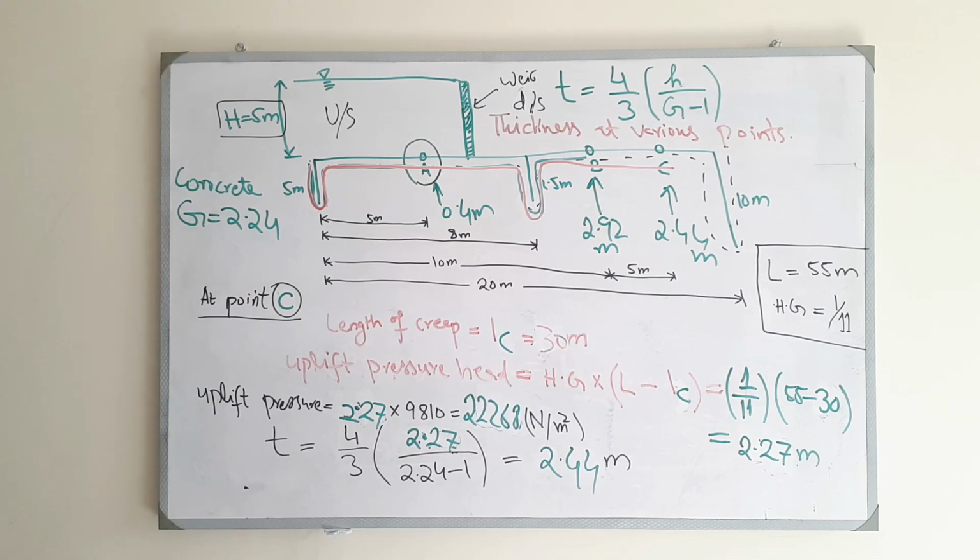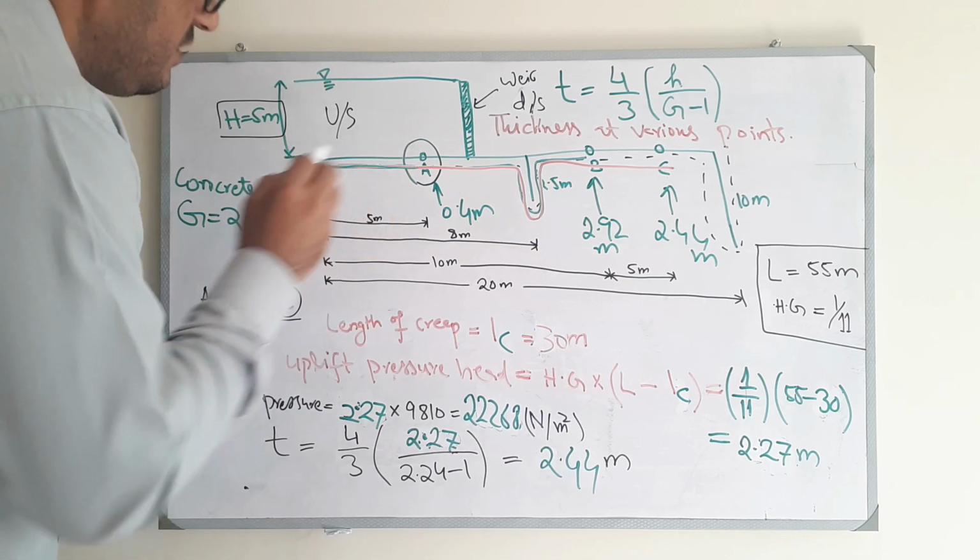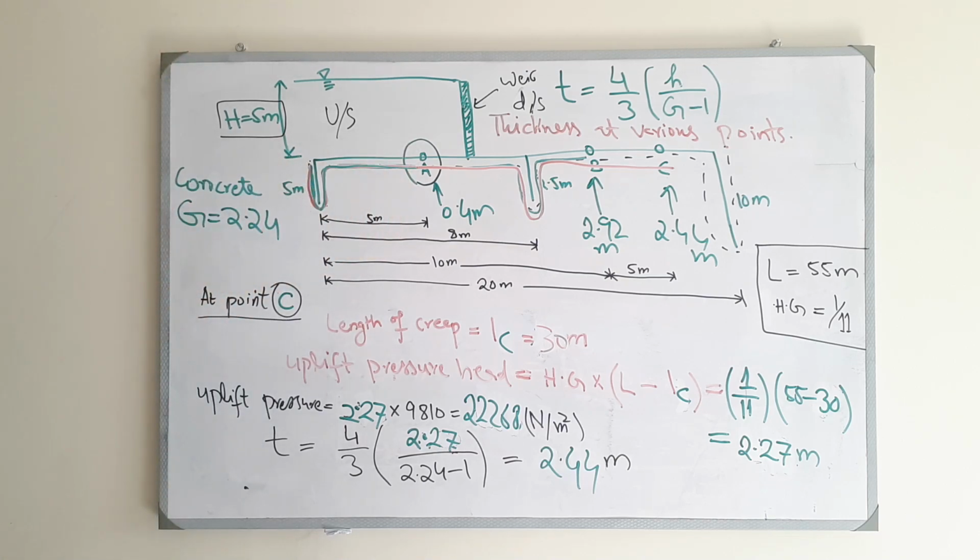So hopefully you have understood the concept of Bligh's theory in order to design the impervious floor to be safe against piping and to be safe against the phenomena of uplift. So there are also some limitations. Bligh's main limitation was that Bligh haven't made any distinction between the horizontal creep and the vertical creep.